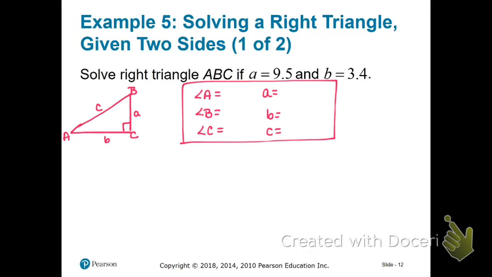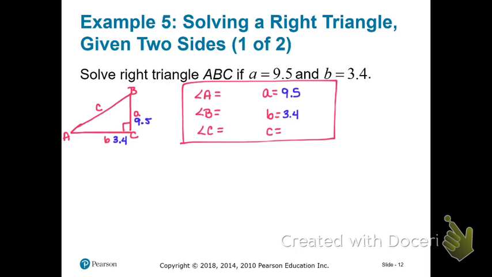All right, so I have it drawn here, and they told us that side A was 9.5 and side B is 3.4. So what do you want to find first?